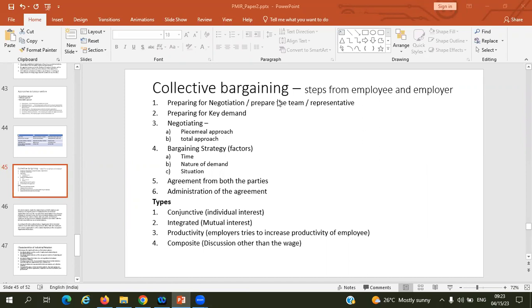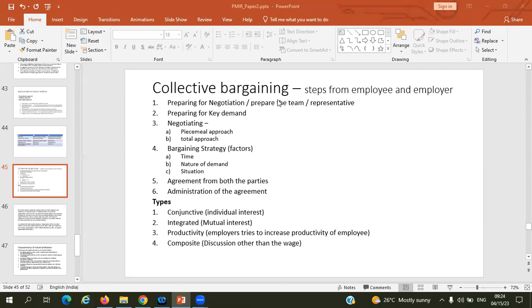Once you discuss and negotiate and something is concluded, it will convert into an agreement. Agreement is the fifth step. Suppose the company agrees to operate a canteen. So it has decided. It will be one agreement between the employees and the employer.